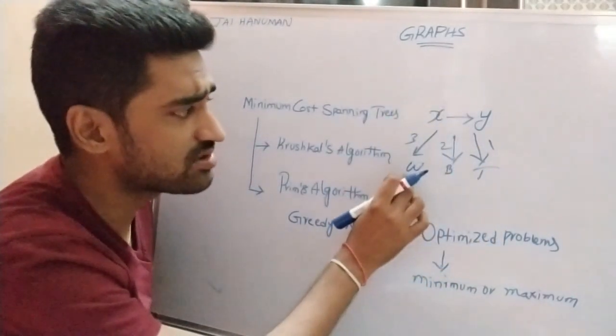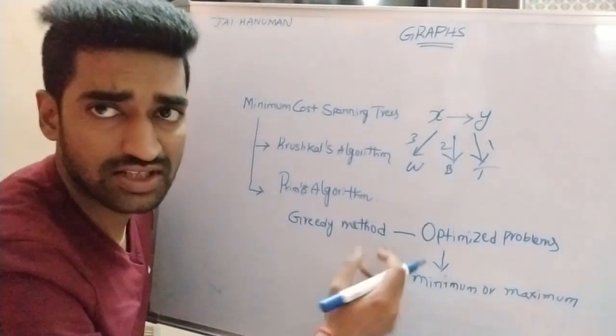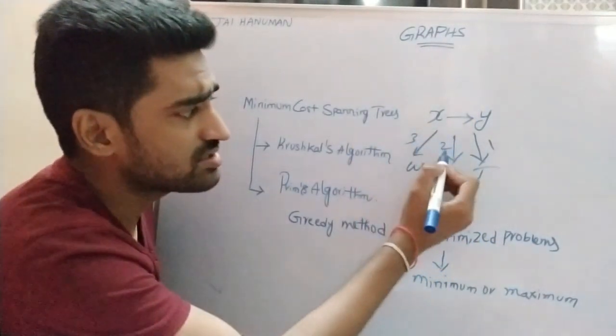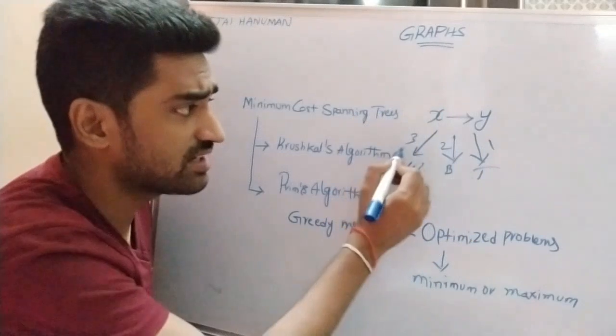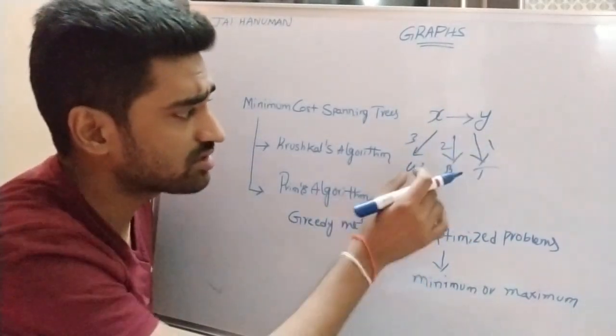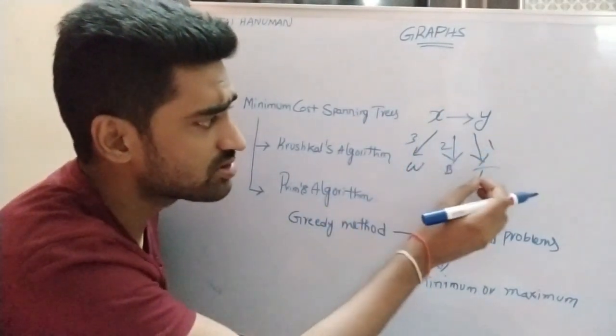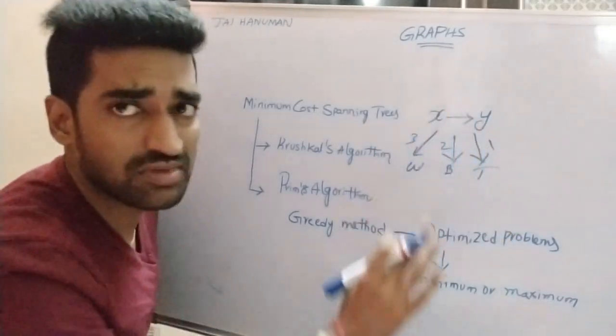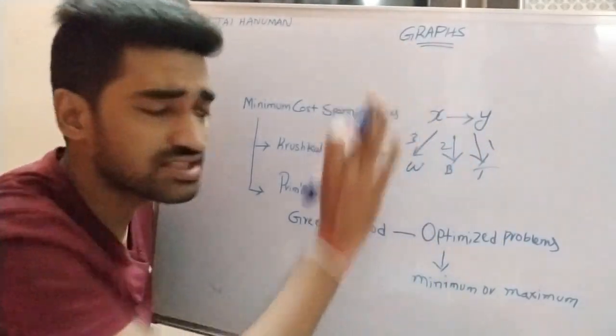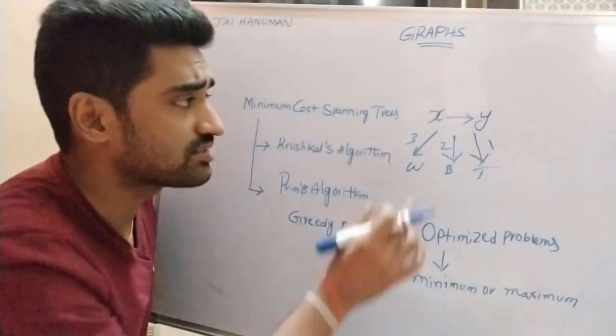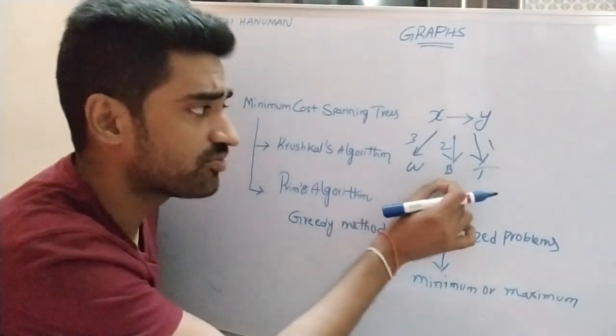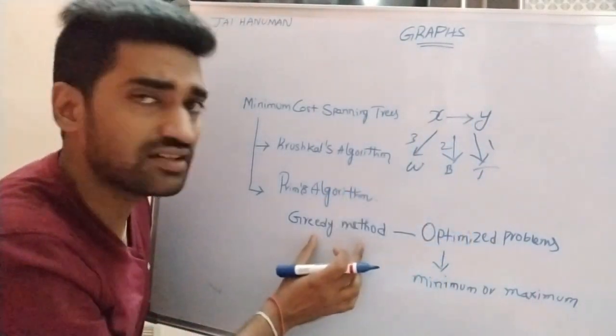So what is the maximum solution? By walk, 3 hours. So we have 3 hours, 2 hours, 1 hour. Among those, which one is the minimum solution? 1 hour is the minimum solution. The maximum solution is 3 hours. For solving these kinds of problems, the greedy method is used.